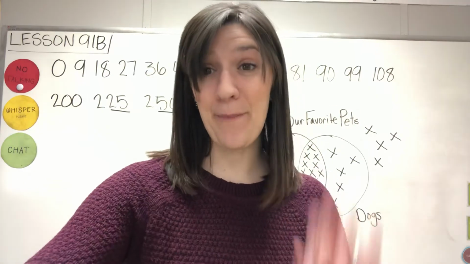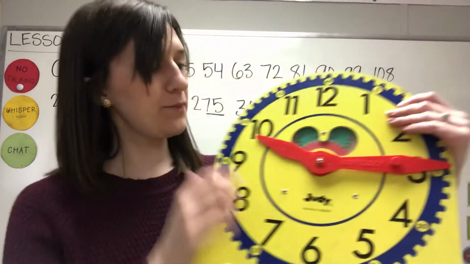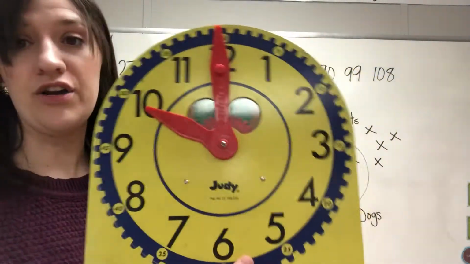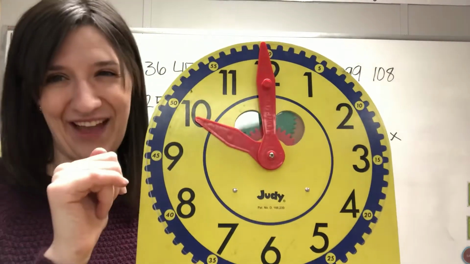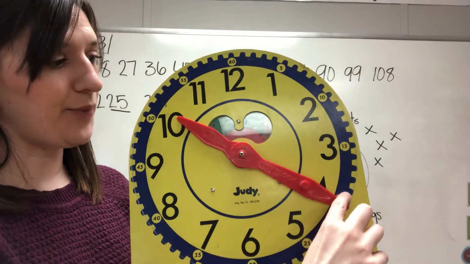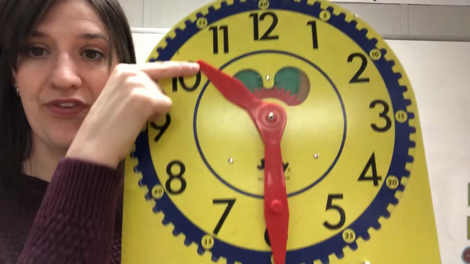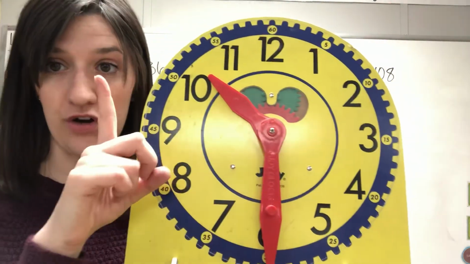Minute, count by 5s. So if you're trying to show 10:30, this would be 10 on your clock, 10:30. It'd be 5, 10, 15, 20, 25, 30, and you see how the hour hand moves as the minute hand moves. So this will be 10:30, that's your first clock.